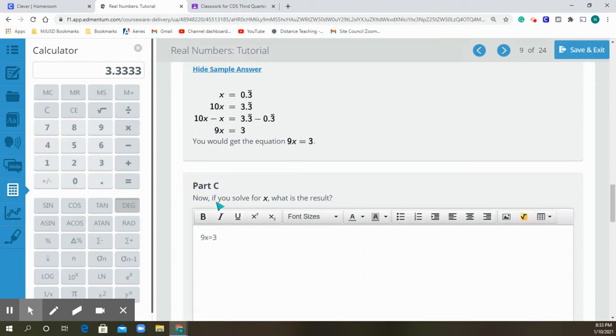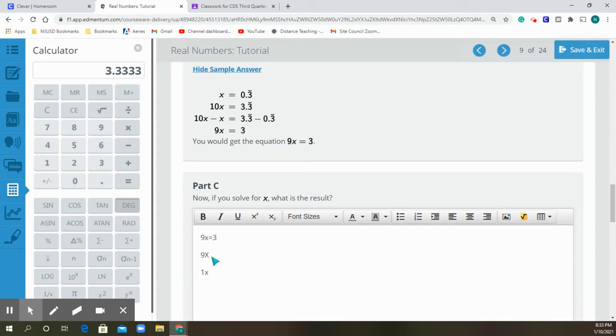Now, if you solve for x, what is the result? So in order to solve for x, 9x divided by 9 would equal 1x, because 9 divided by 9 is 1.